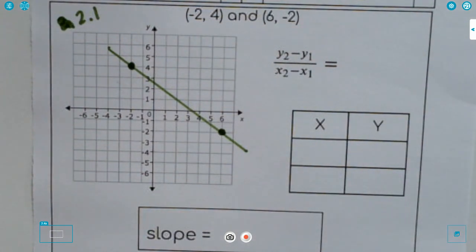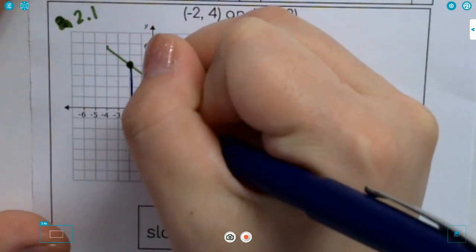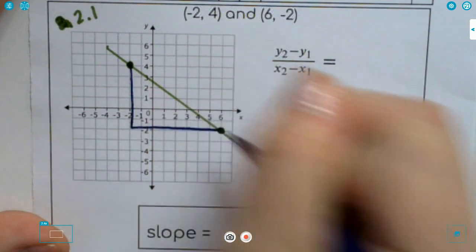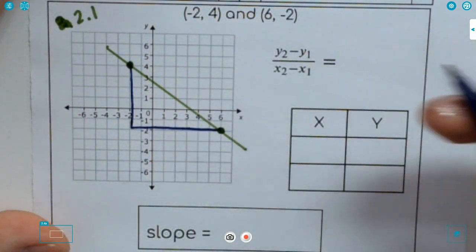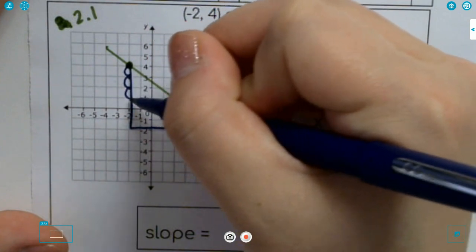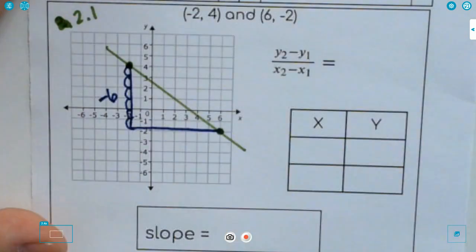From there, I want to count my slope. So to count a slope, I can tell that this is a negative slope. So I'm going to go down and to the right. So looks like I go down 1, 2, 3, 4, 5, 6. So down 6.